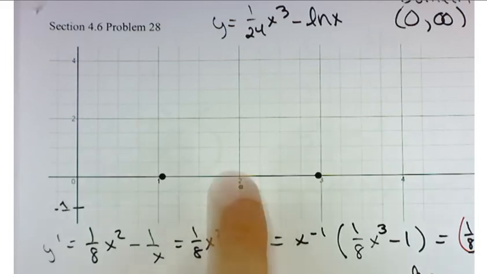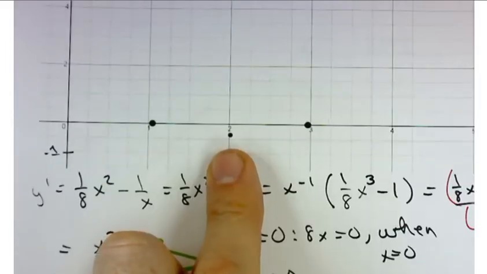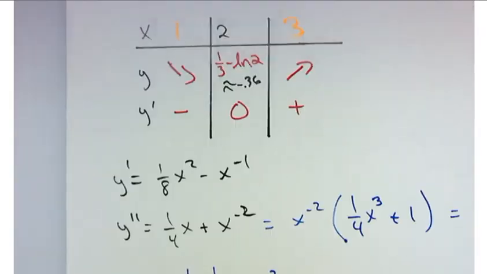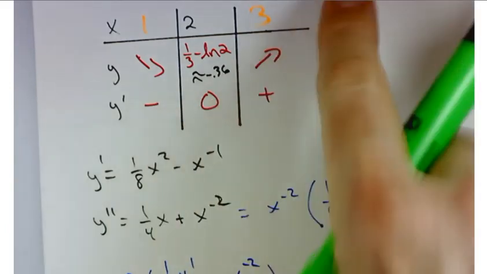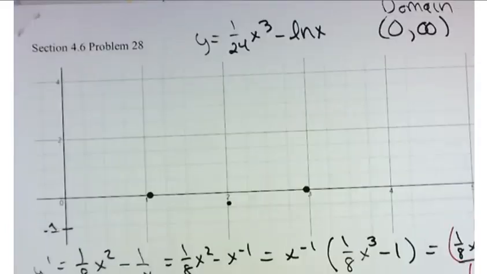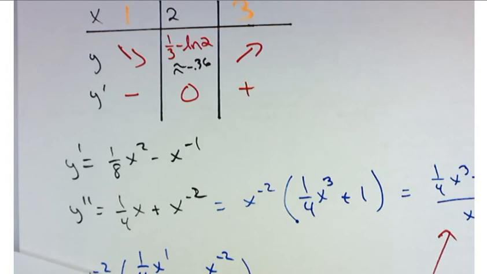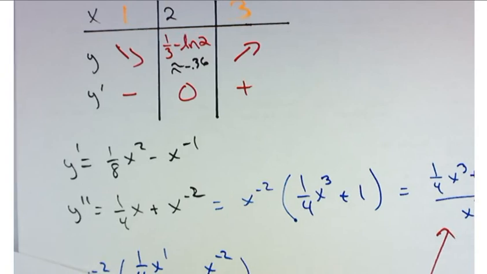Now, why do I know that this point has to be a minimum? Perfect, because of the first derivative test. It's decreasing, then it's increasing. So let's put this all together, draw ourselves a nice function, and then call it a night.